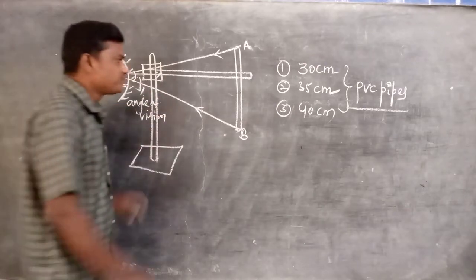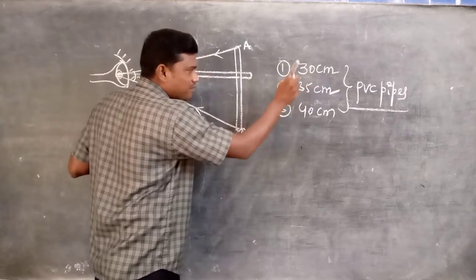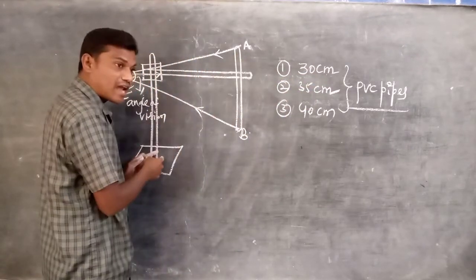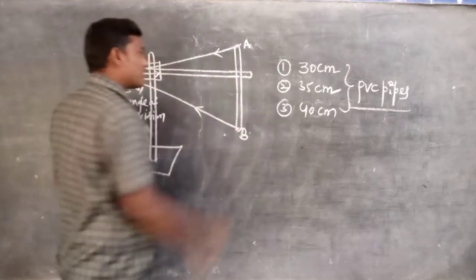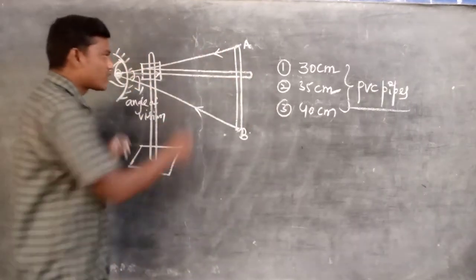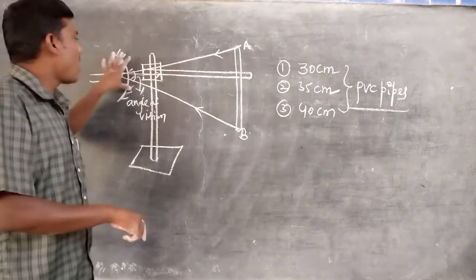Listen very carefully. First of all, we take the 30 centimeter length of the PVC pipe. The PVC pipe we place parallel to the retort stand, or perpendicular to the horizontal rod of the retort stand. At which distance? 25 centimeters from our eye.